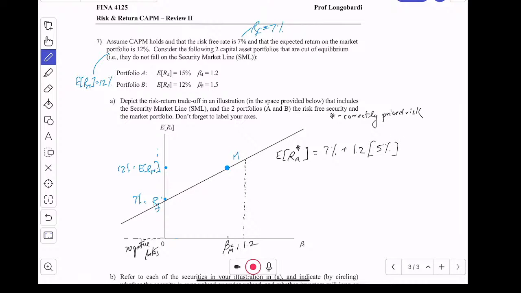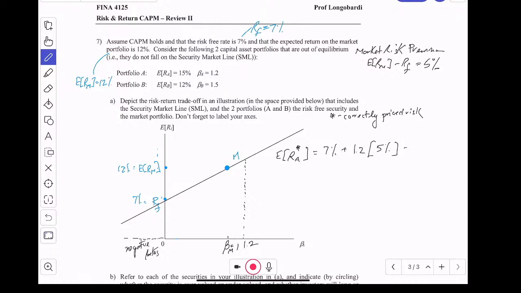Right, so I'll make a note here. Market risk premium. Just going to write it once, because it's 12% minus 7% is 5%.